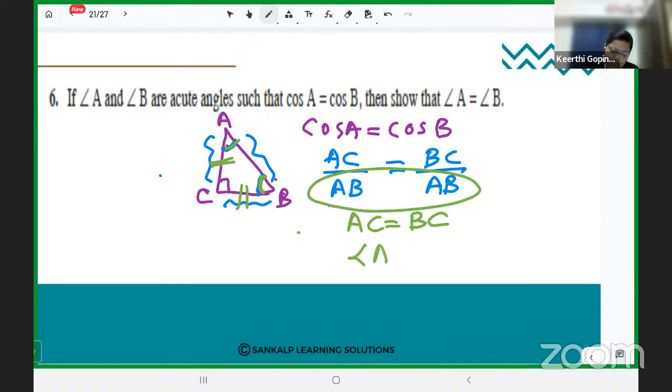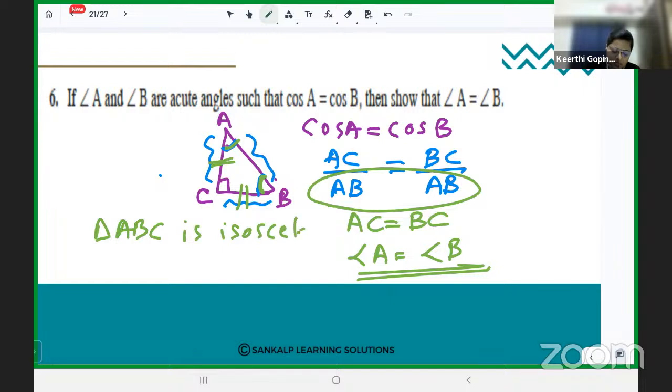So we can say that angle A is equal to angle B. Therefore, triangle ABC is isosceles, and since it is isosceles, the base angles will be equal. So we can conclude that angle A is equal to angle B.